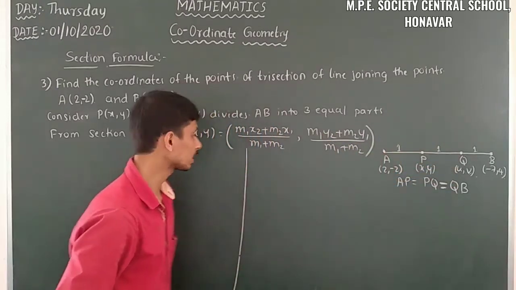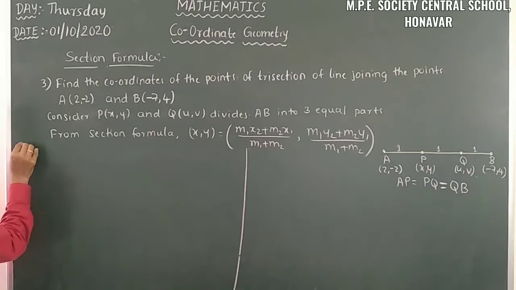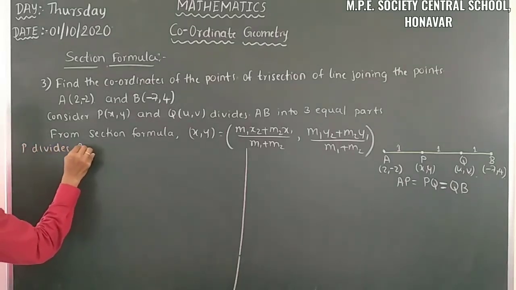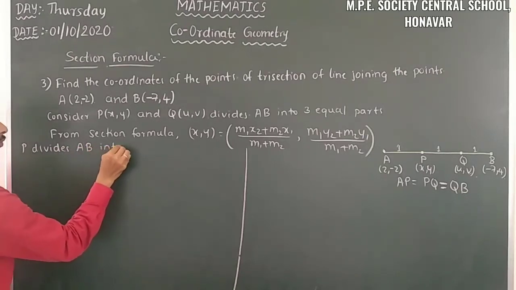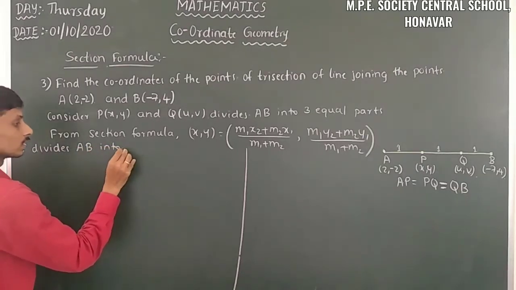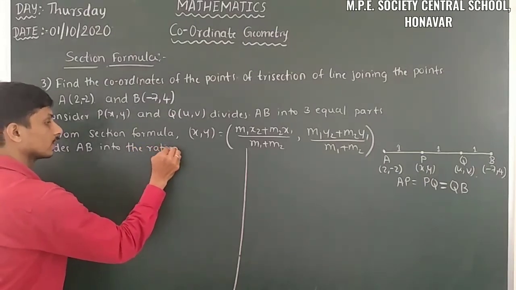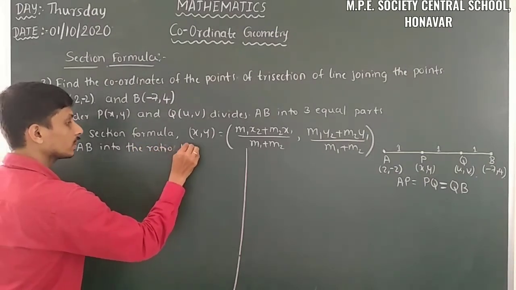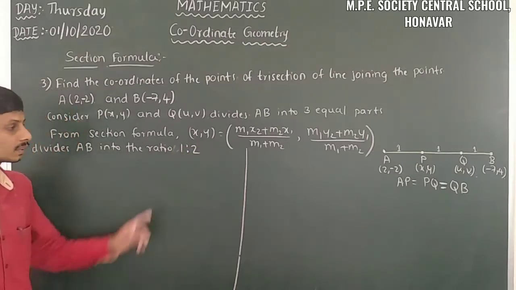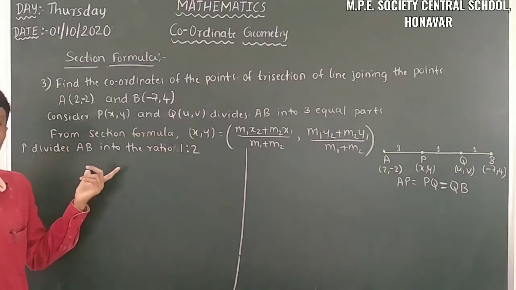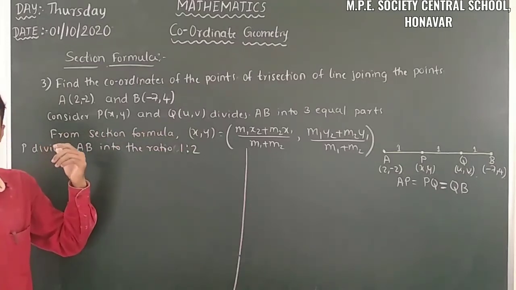So let us take that. P divides AB in the ratio 1:2. Let us consider m1 as 1, m2 as 2 and find the value of x, y.